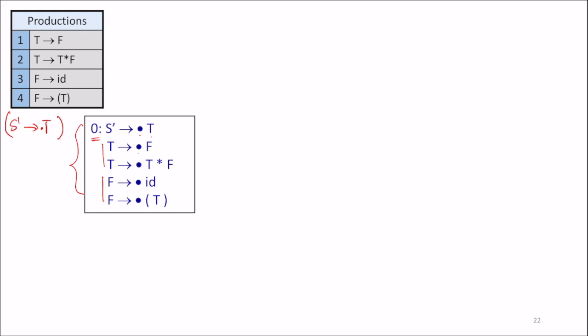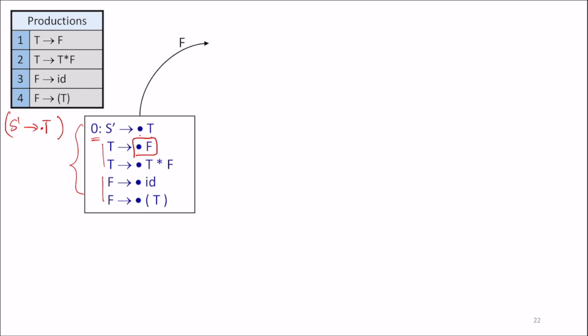So let's compute the first successor on F. We look for all of the cases where F has a dot before it. This is the only case; none of the others have a dot before an F. So this successor gives me this transition on F. What I do is move the dot across the F and then compute the closure.